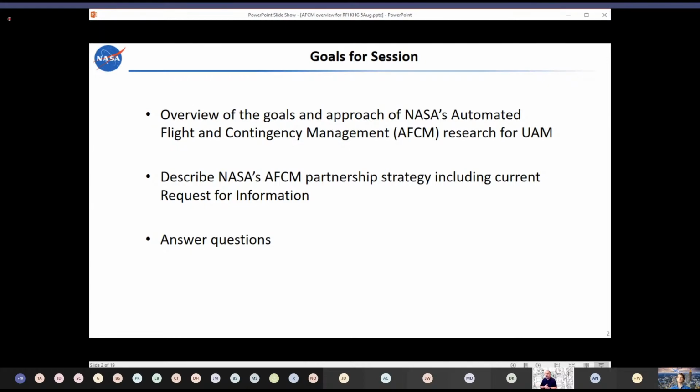Today, this will be focused on that urban mission. Then we'll give a description of the partnership strategy that's developing, including briefly touching on the current RFI.